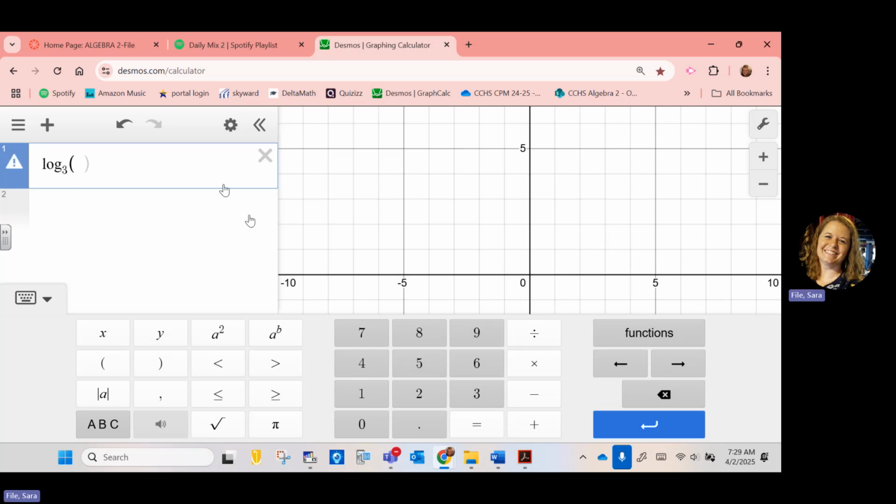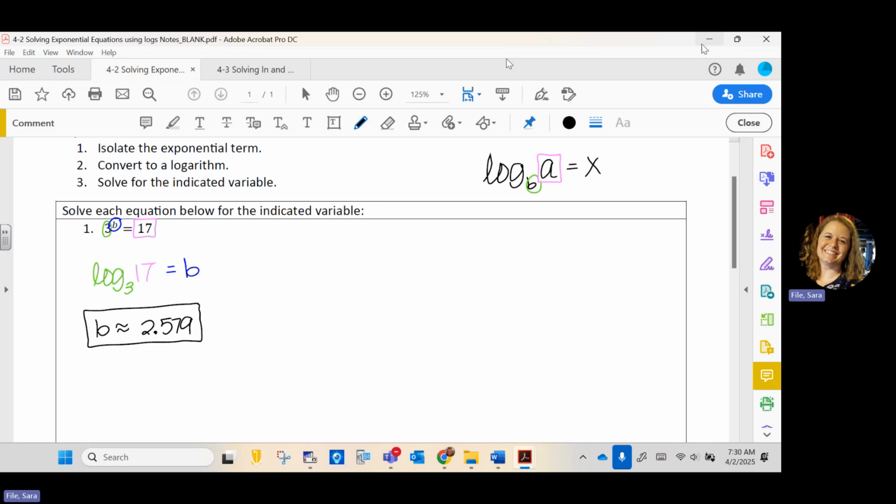Log base 3 of what? 17. And you can see this is where I got this. I rounded to the thousandths because I believe that's what the Delta Math practice is going to ask you to round to. The 8 is in the thousandths place, but the 9 would round it up.